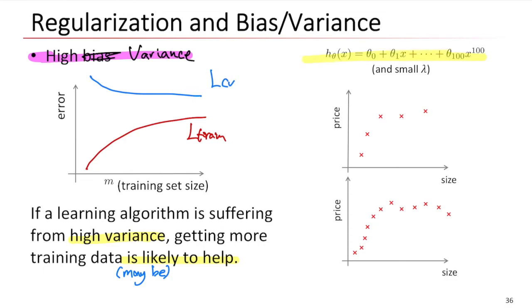In this case, when we use a higher degree polynomial term with a small lambda, we can fit this data set like this. But as we vary the training set, we can still fit the data set like this.